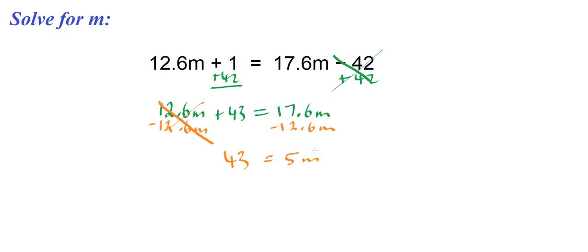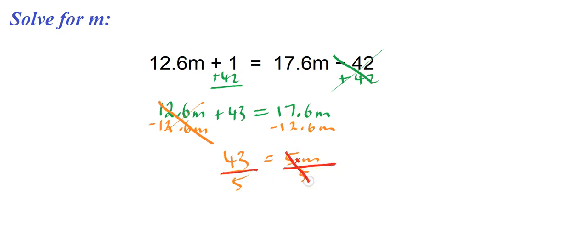Next, we divide by 5 on both sides, because this 5m says 5 times m, right? We want to cancel out multiplying by 5, so we do the opposite of multiplying by 5, by dividing by 5, and we must do it to both sides.